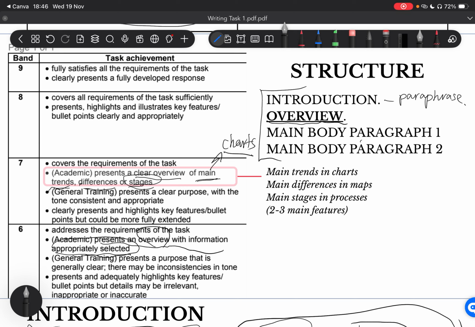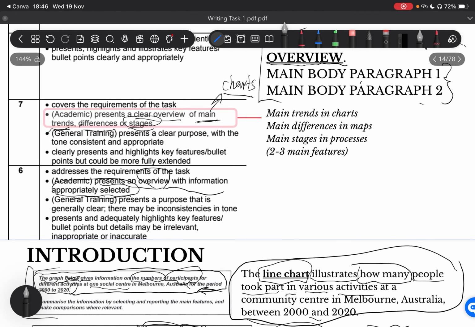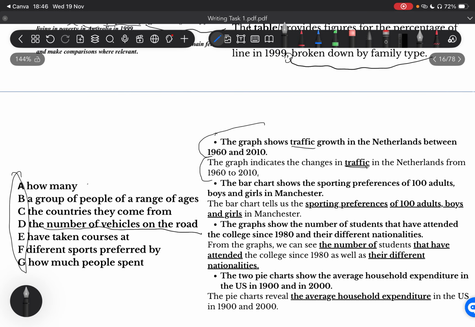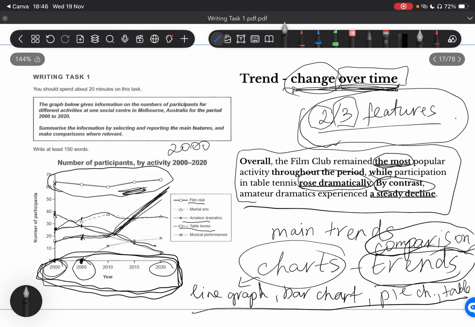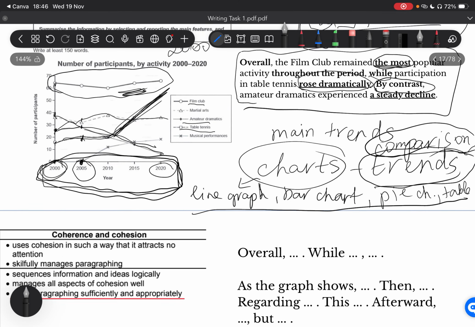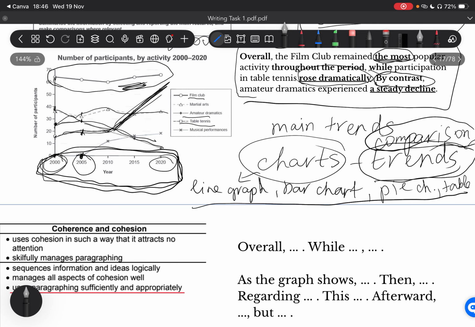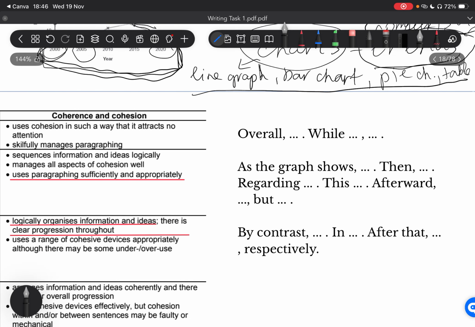And we have main body 1 and main body 2. Always try to write at least 2 main body paragraphs. You may write 3 as well. 1 is also fine, but 2 is better because then you can show some organization in your report.